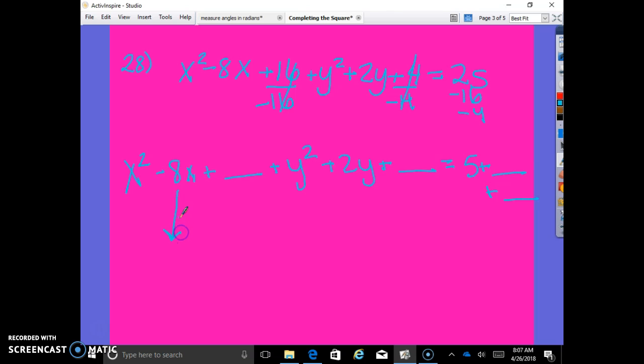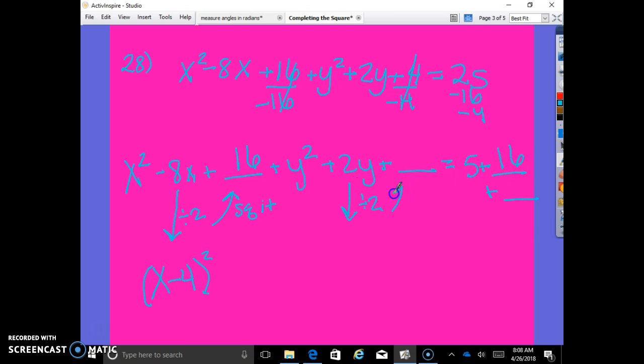The first thing you do is take the b term, divide by 2, and then square it. Negative 8 divided by 2 is negative 4. Negative 4 squared is 16. What I do to one side, I must do to the other.